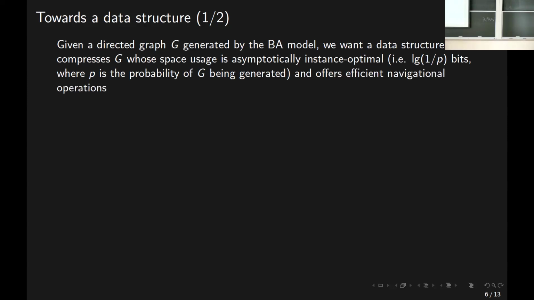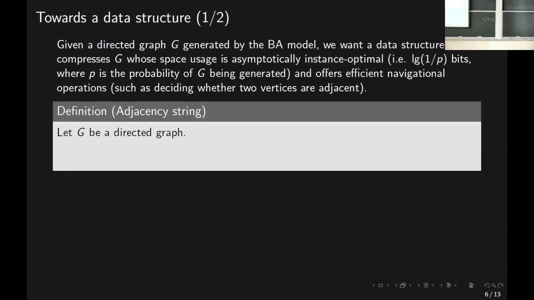An efficient operation could be deciding whether two vertices are adjacent, for example. I essentially want to do this efficiently. I don't want only to compress the graph; I also want to have some extra space so that I can perform operations more efficiently than without it.